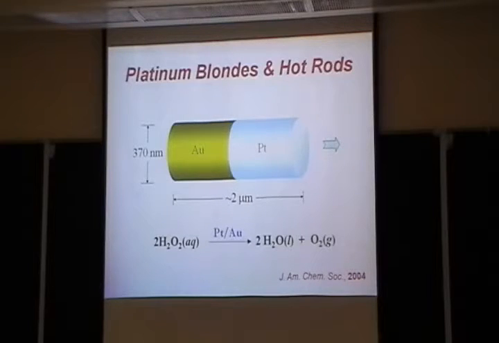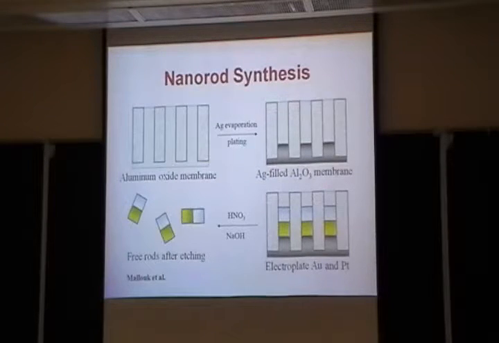So how do you make these things? Very, very easy. You take an aluminum membrane, so you can buy these in bulk. These are used for filtration, and because they are used for filtration, they have channels through them. So these are the channels.